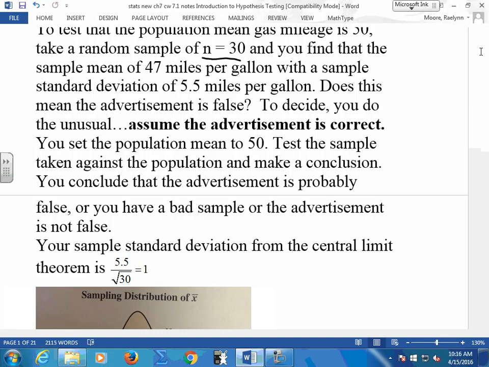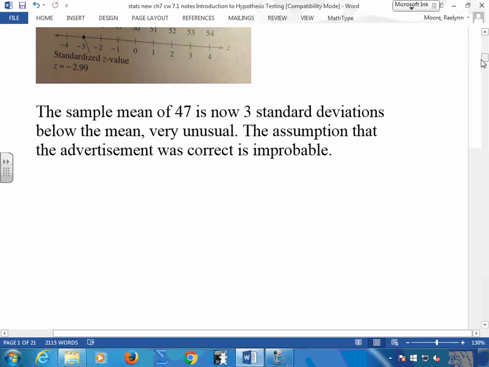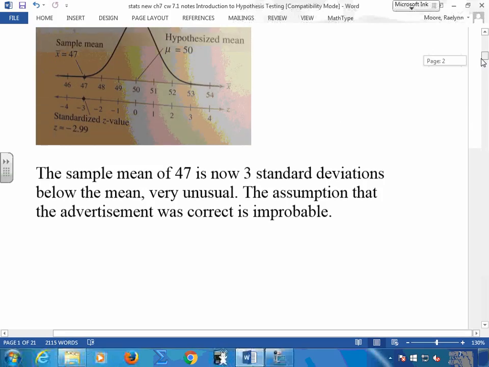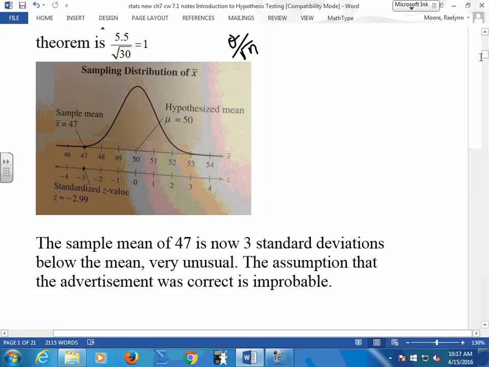Your sample standard deviation, again, we're taking the standard deviation divided by the square root of n. Okay? So we're taking that when we use these. And we're taking a look at these. The sample mean of 47 is now 3 standard deviations away from the mean. And that's unusual, isn't it?